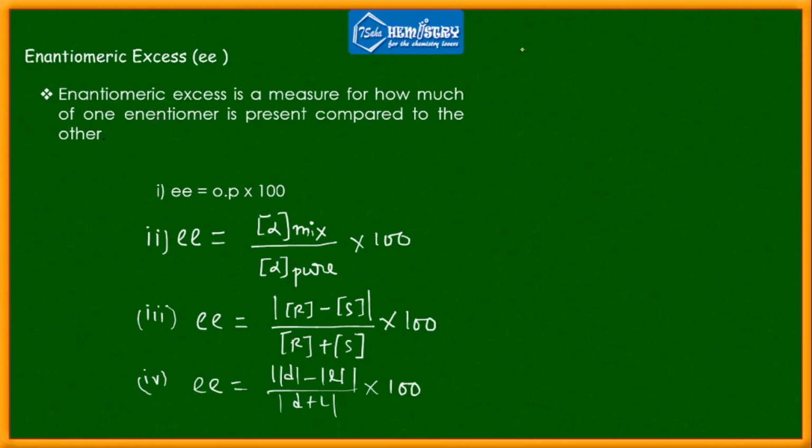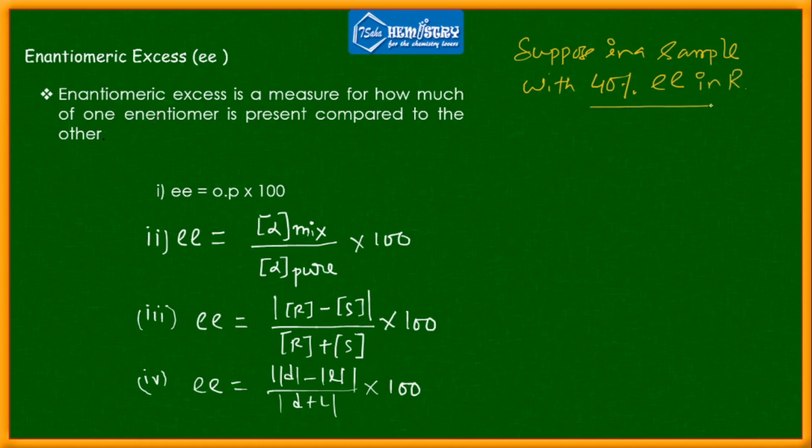Suppose we have a sample with 40% enantiomeric excess in R.